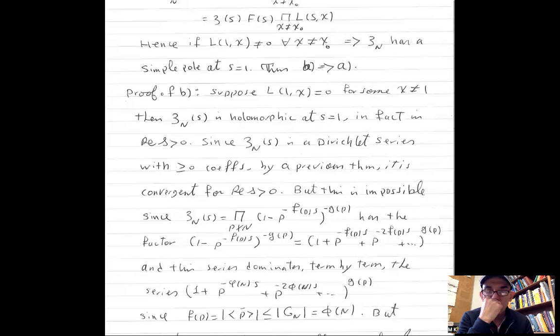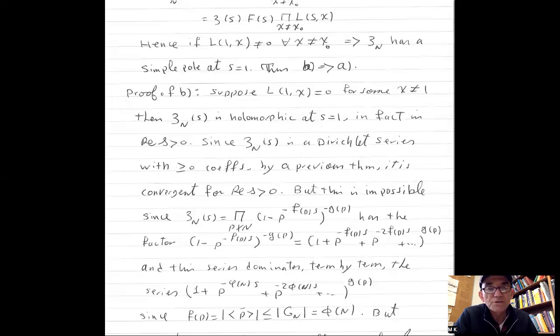So from this domination, you can go on and show that you can construct a series which specifically is going to blow up at s equal to 1 over phi(n). And this factor, 1 minus p to the power minus f_p s, to the power minus g_p, is bigger than or equal to that series, which blows up at s equal to 1 over phi(n). So this factor also is going to blow up.